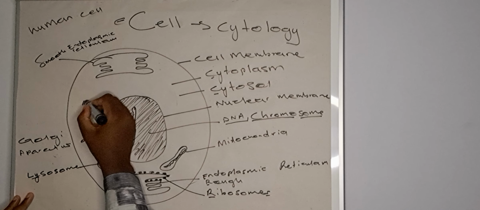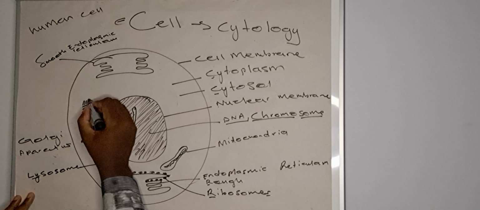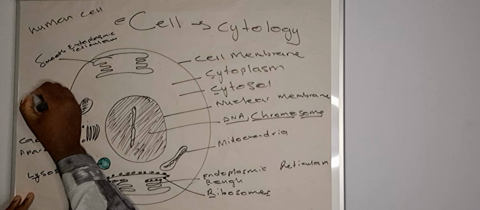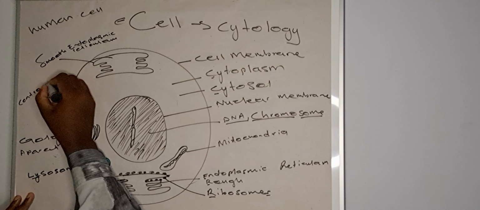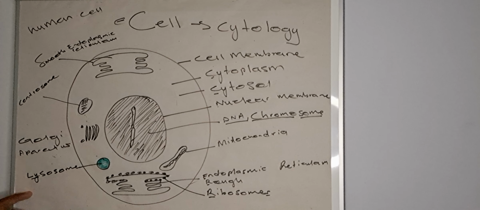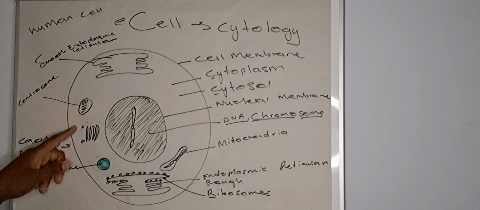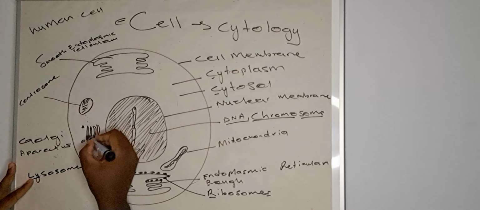And then here we can have maybe something like this. What can we call this? We can call it centrosome. Centrosome. Now I want you to be a little bit precise. Centrosome, what does that mean?